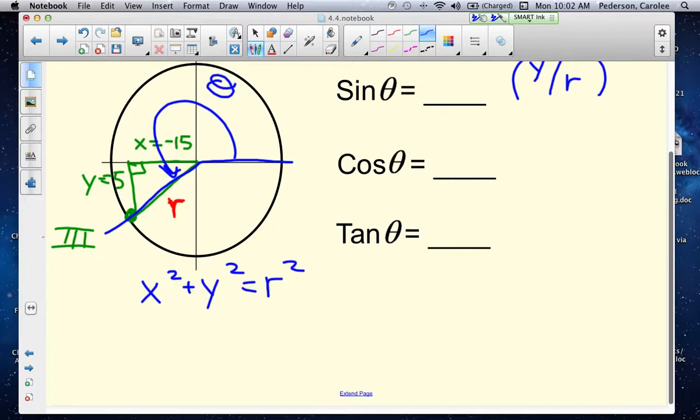Or in solved r form, r equals the square root of x squared plus y squared. Remember that. So we would substitute x in, substitute y in. Oh, x is -12 and y is -5, okay.